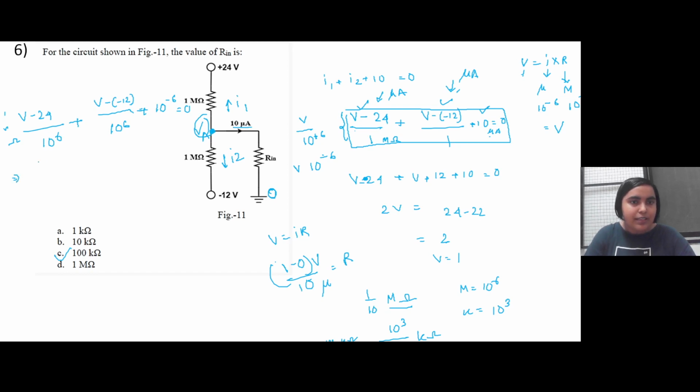If we simplify this, it will be 10 V minus 24 into 10 to the power minus 6 plus V plus 12 into 10 to the power minus 6 plus 10 to the power minus 6. If we take out 10 to the power minus 6 common, you will arrive at this particular equation, right?